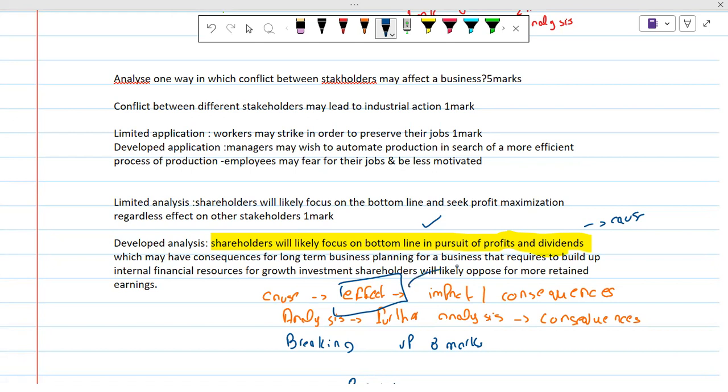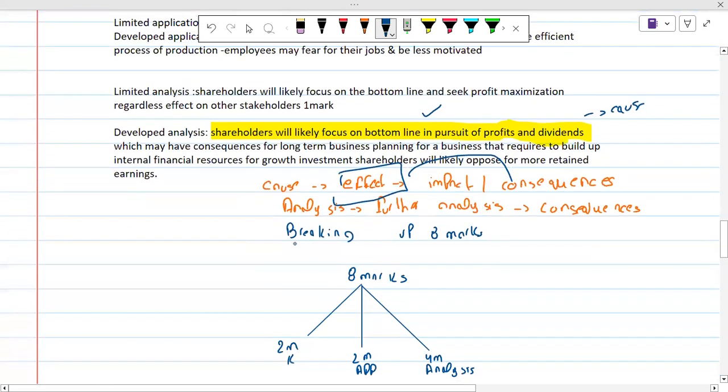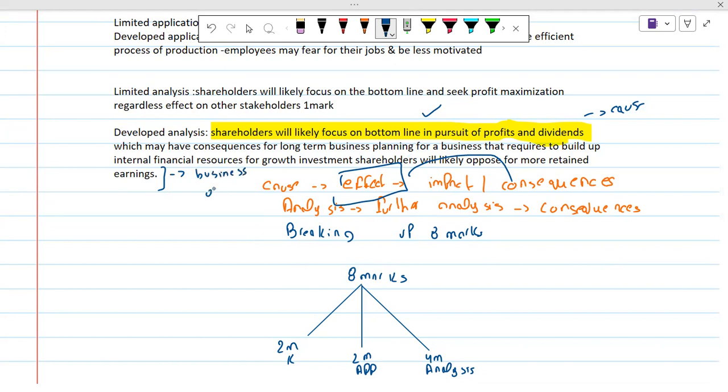And now, what is the impact or consequences of this on the business objectives? For growth investment, shareholders will likely oppose more retained earnings. The business objective could be whatever the business objective is, for example, profit maximization.